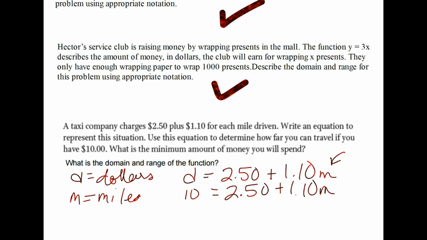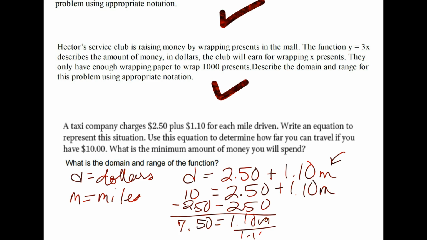So I need to subtract $2.50 from both sides. That's going to leave me with $7.50 is equal to 1.10 M. And now M is for miles, so we divide both sides by 1.10.